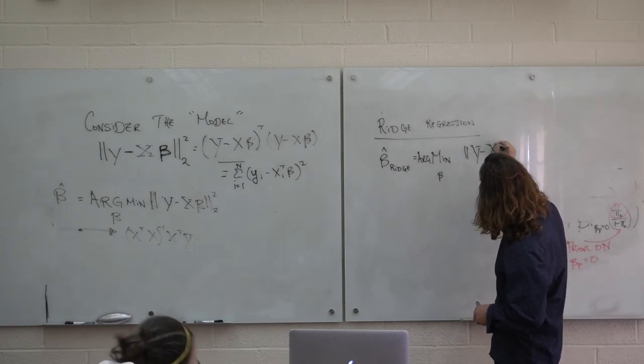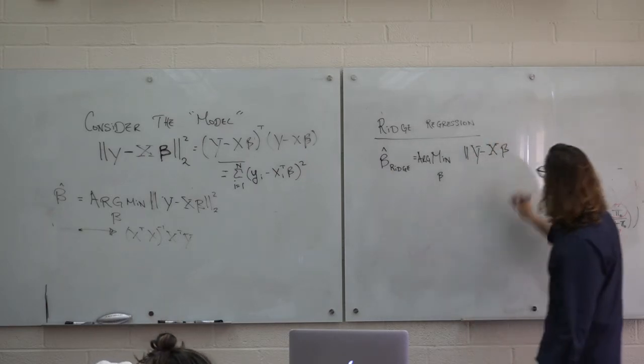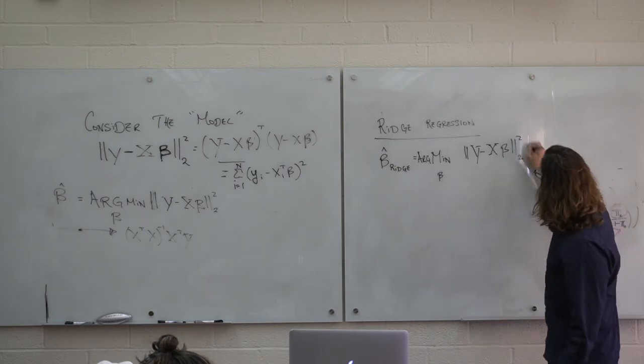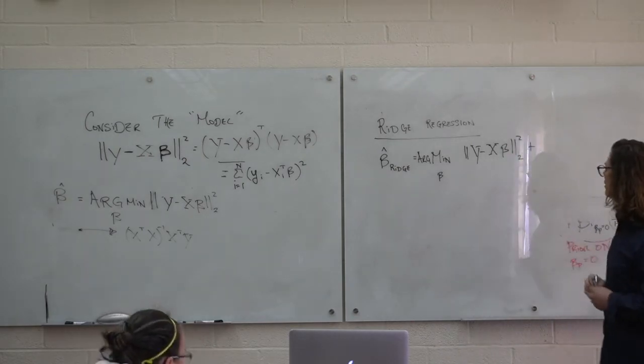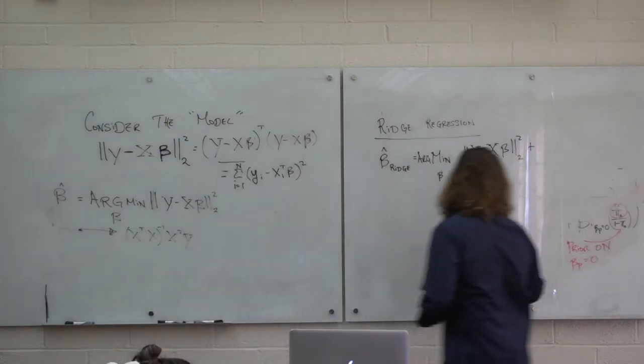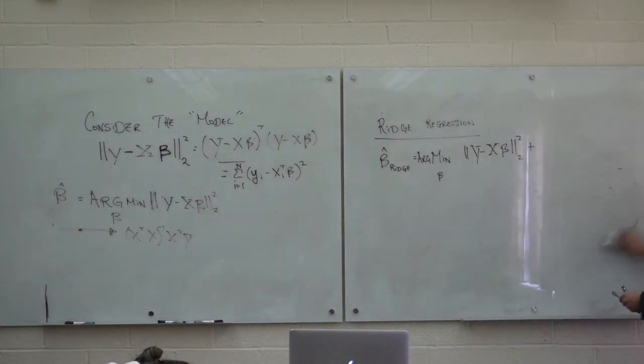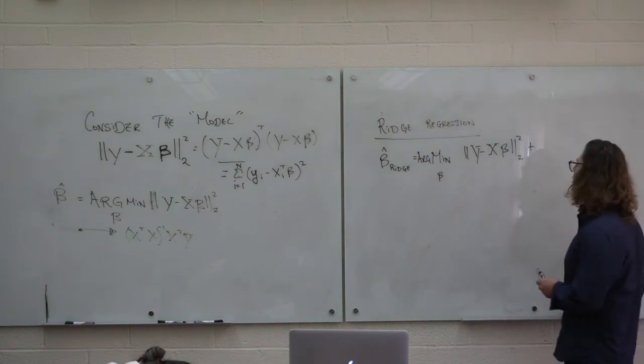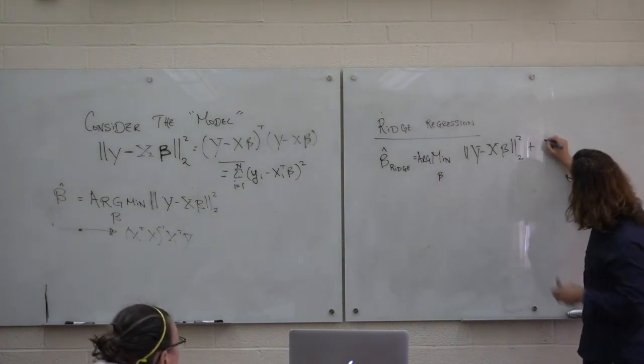I'm going to look at the difference between the x betas and the y's, but I'm going to add a little bit to this. There are different ways to formulate this problem, and this is equivalent to a constrained optimization.